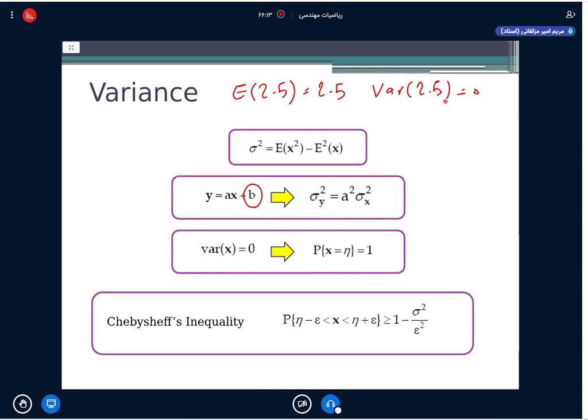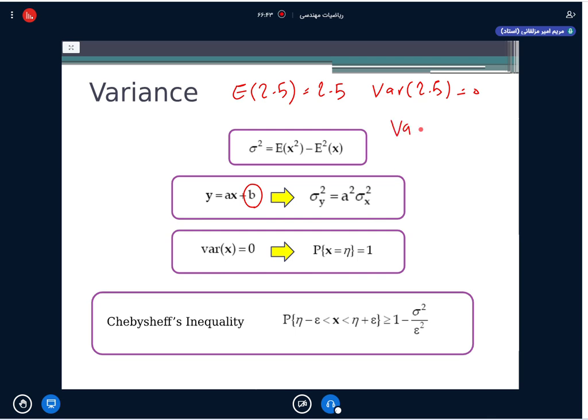So the variance of a constant value is equal to 0, and the expectation of a constant value is equal to that constant value. So here we should pay attention that if we multiply a random variable x by constant a, then the variance of y is equal to a to the power of 2 times variance of x.